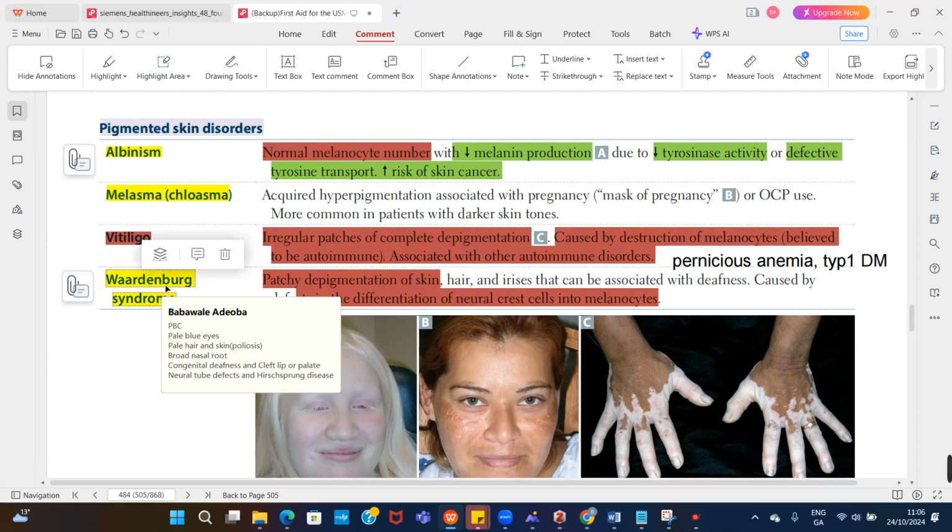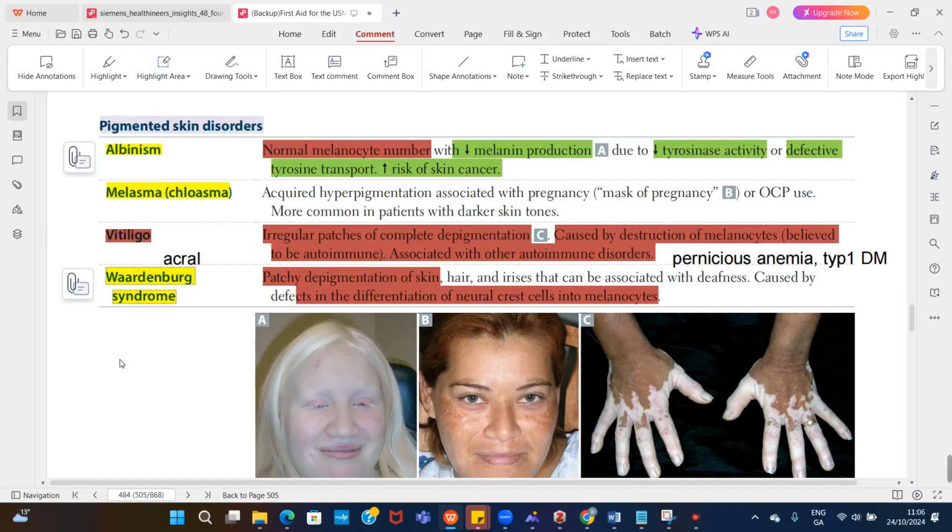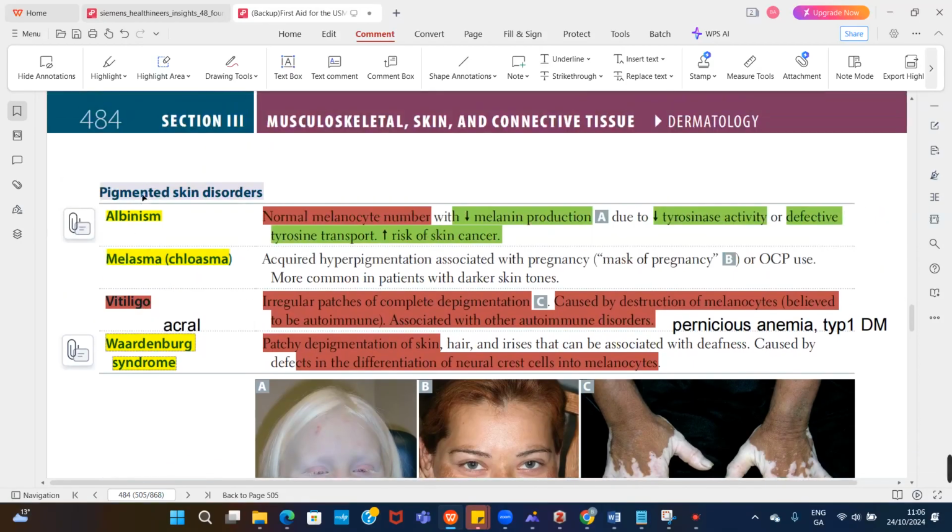The B for the broad nasal root of the nose. The C talks about the congenital deafness that they have, sensorineural deafness. It's not conductive, it's sensorineural deafness. And cleft lip or cleft palate. So that's the PBC and the neural tube issues that they can have.